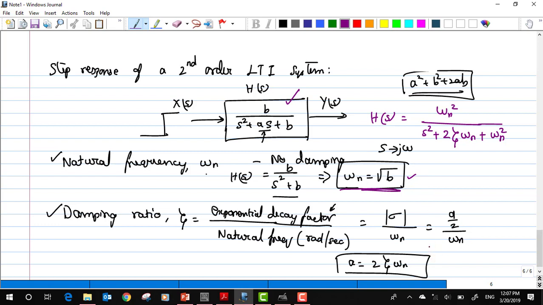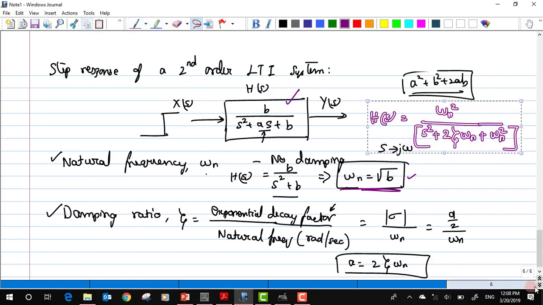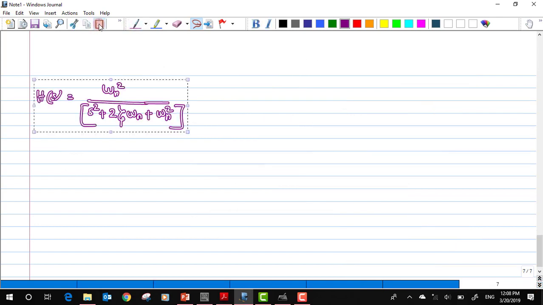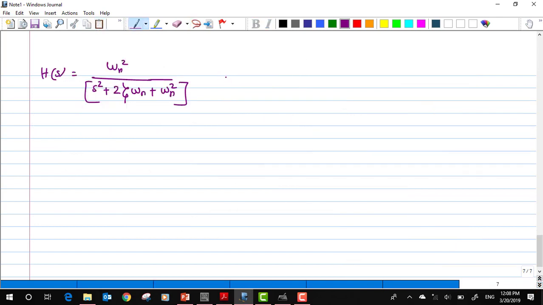Yeah. So now how do we evaluate the pole locations based on this second order polynomial that I have written down? How do I extract the pole information from here? Is it so tough to answer?